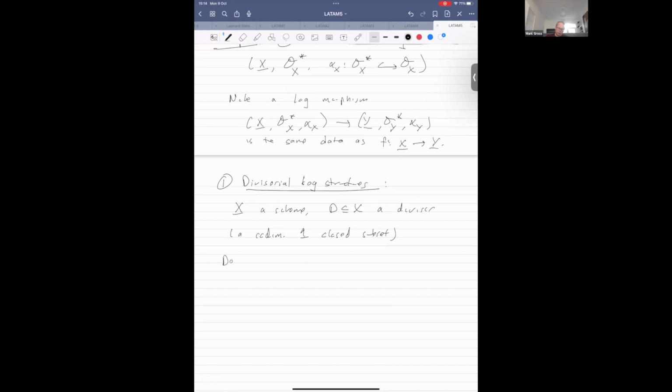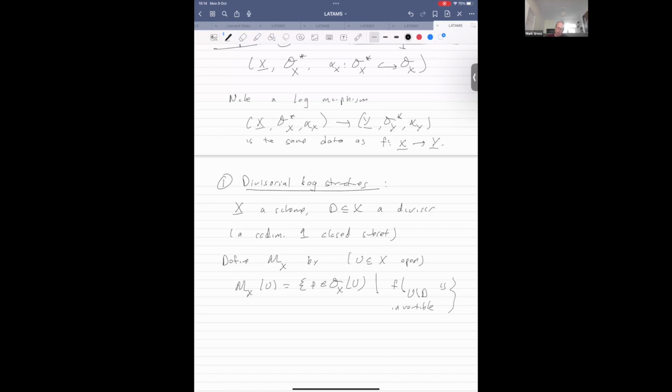Define MX by MX of U equal to the set of f in OX of U, the regular functions on the open set U contained in X, such that f restricted to U minus D is invertible.